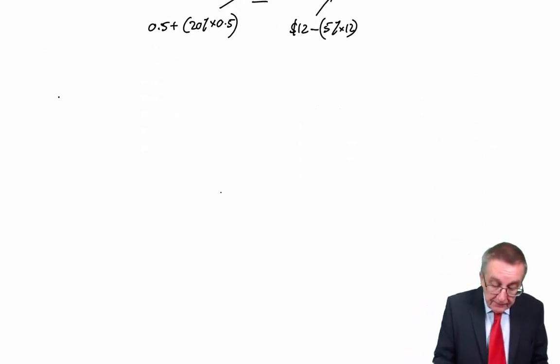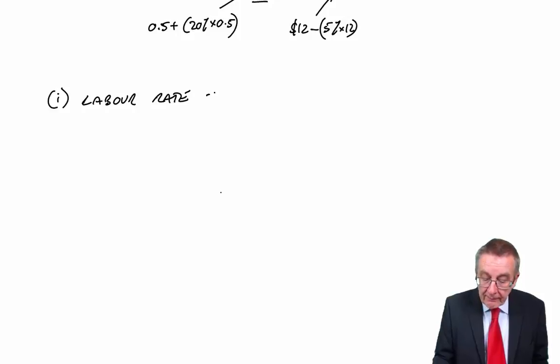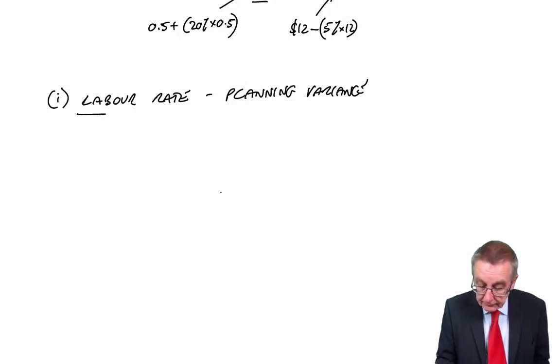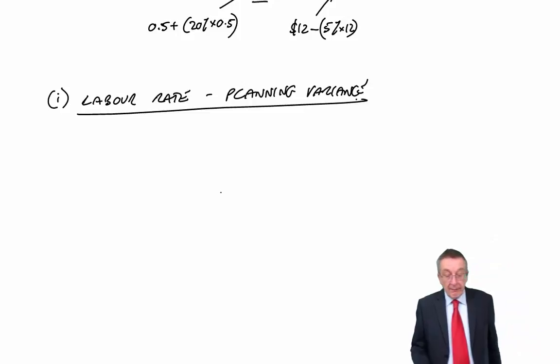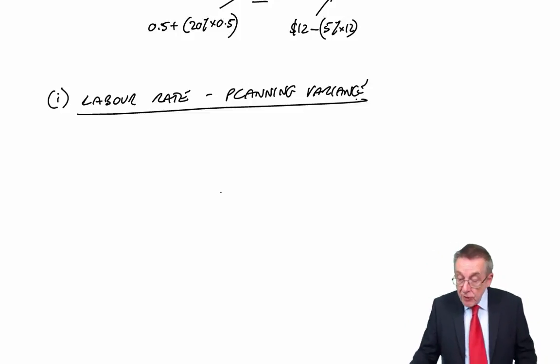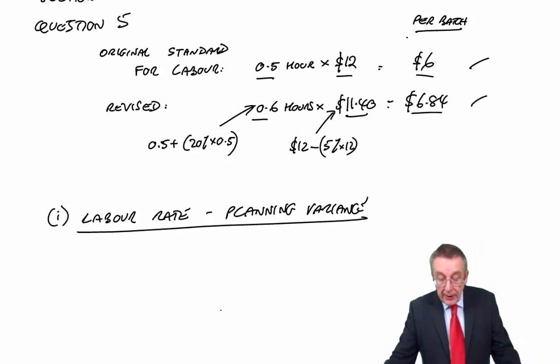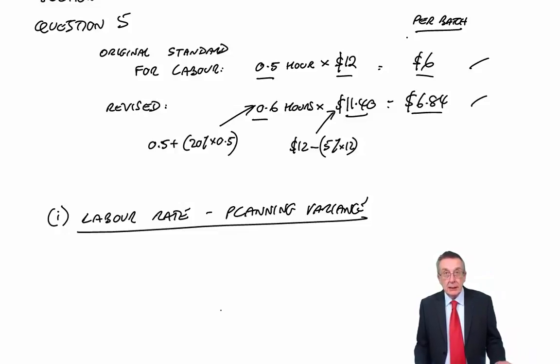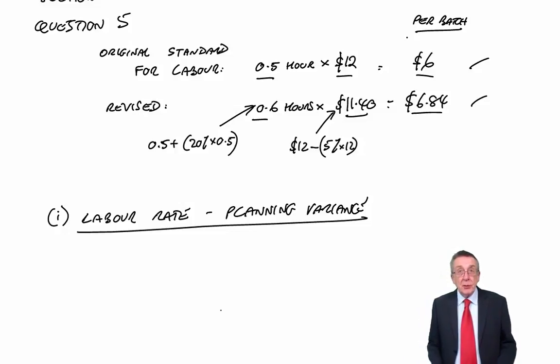First of all, the labour rate planning variance. We're after the labour rate variance, and we're looking at how much it changed. You see, the original standard was 12 an hour. We revised it, our change of plans, to 11.40.